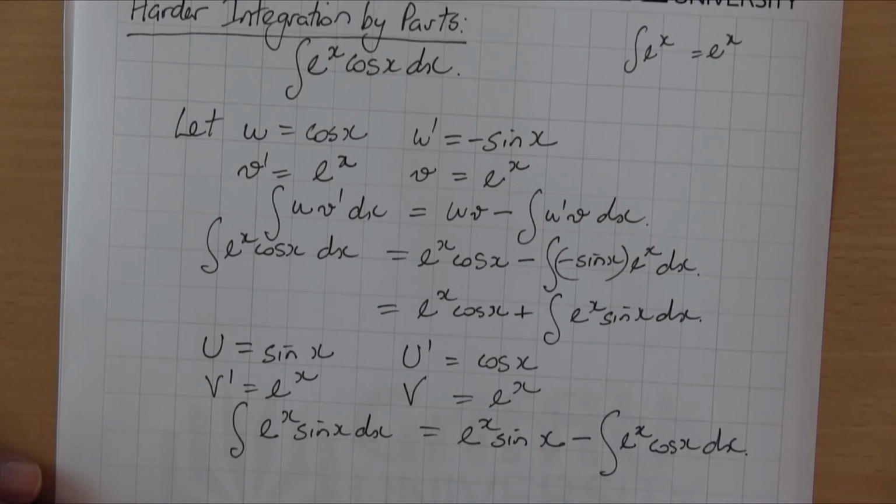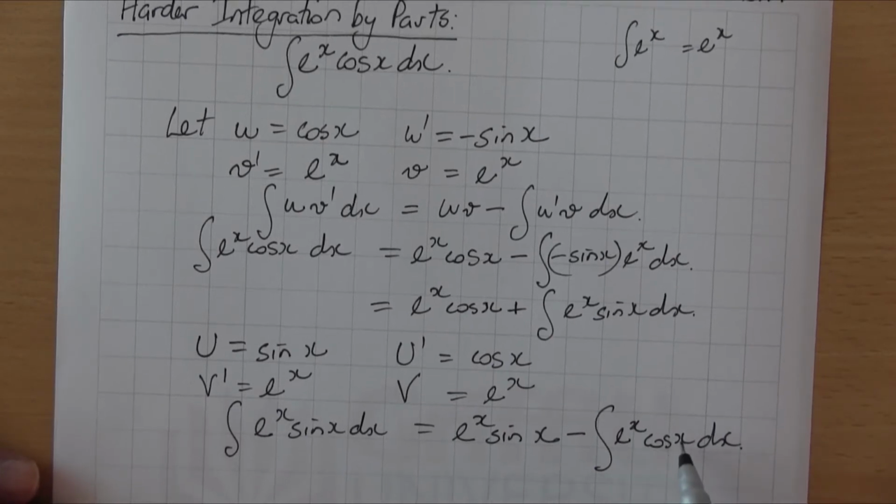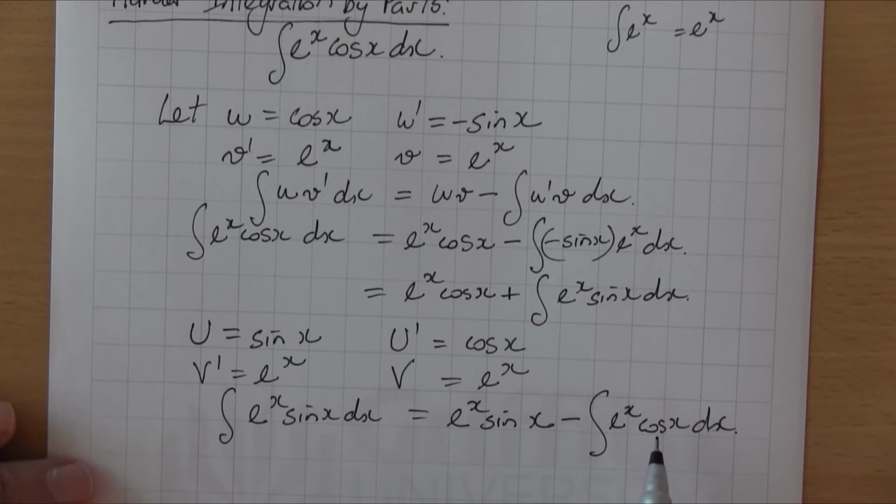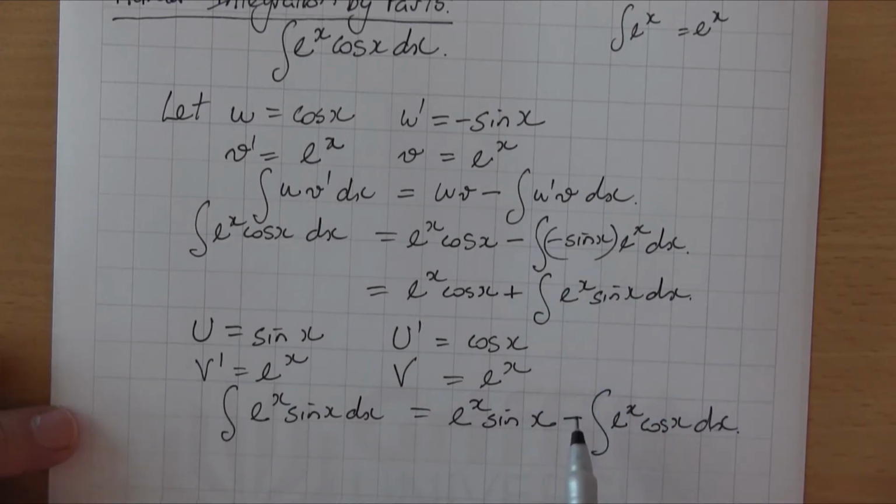And you start saying, well, maybe we're just going around in circles, because we're back to where we started from. This is exactly the same as where we started from. But that's, in a way, a good thing, because what we'll do is substitute in here for the integral of e to the x sin x dx, and you'll see what happens.